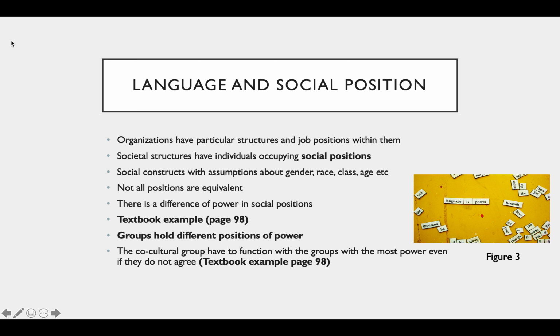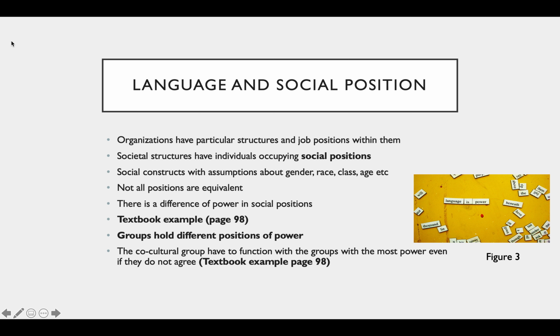Moving on, we can also note that groups hold different positions in society, going back to dominant cultural groups and co-cultural groups. The groups that hold the most power are managers, politicians, men as well, heterosexuals, and a ruling political party that occupies a majority in society.